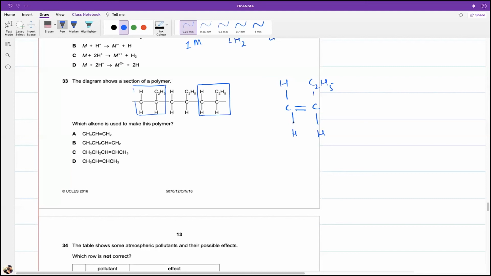So that's the one you're looking for. So you can see the first carbon from this side has a double bond. So CH2, CH, C2H5 is the formula that we're looking for. So it is going to be B, I think. Yeah. From the right side is the same as this molecule.